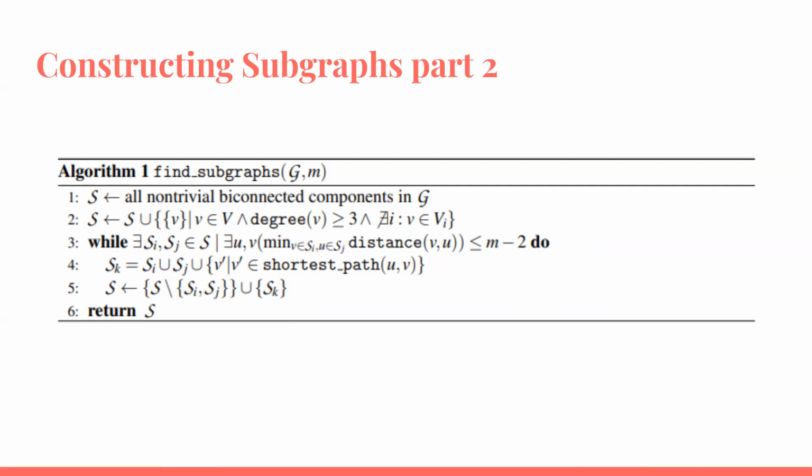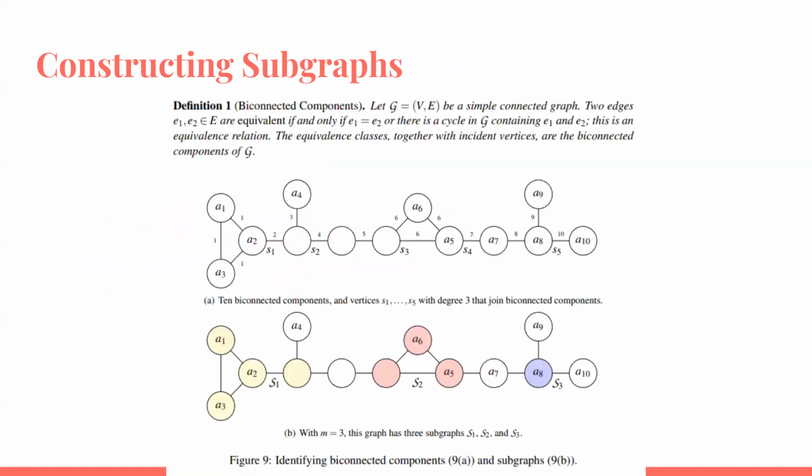So what we're going to do is add all the vertices of degree 3 or higher that aren't part of a non-trivial biconnected component to the set S. Now in our while loop here, all of the elements of S that have vertices with distance less than or equal to the number of empty vertices minus 2 are joined into one subgraph. I know that's a little difficult to understand. This is where I struggle the most with understanding how this algorithm works.